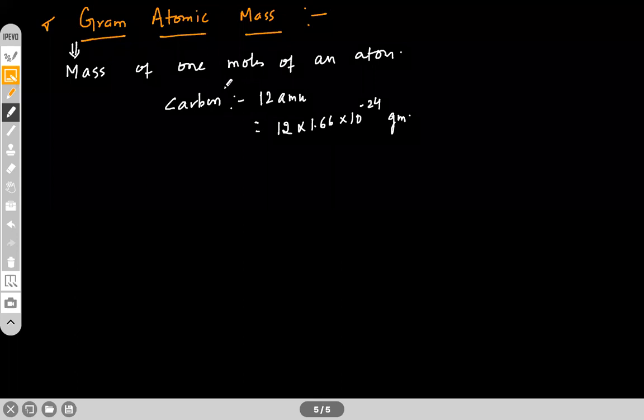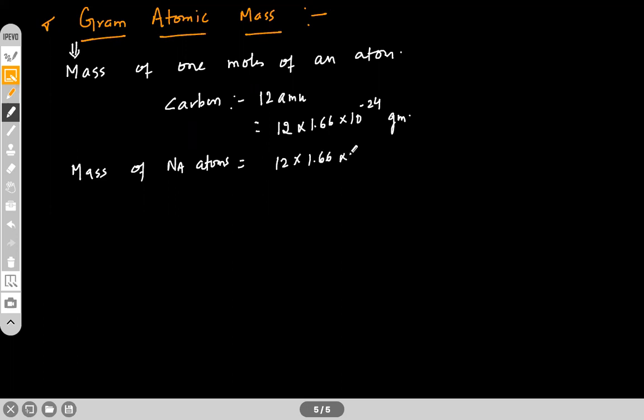So what is the mass of 1 mole of an atom? The mass of Na atoms, which is nothing but 1 mole of an atom, is equal to 12 into 1.66 into 10 to the power minus 24 into 6.022 into 10 to the power 23, the Avogadro number, right?